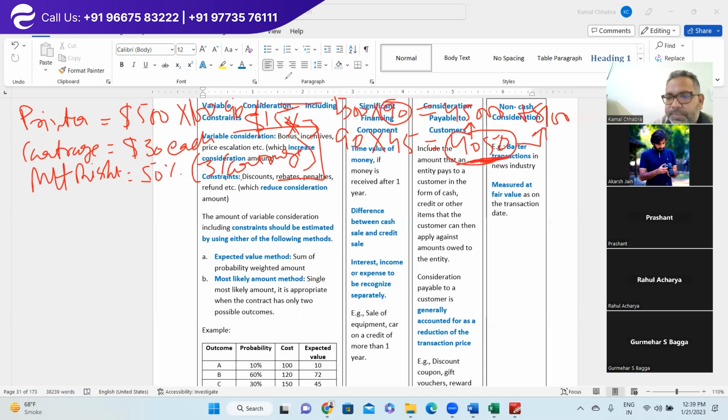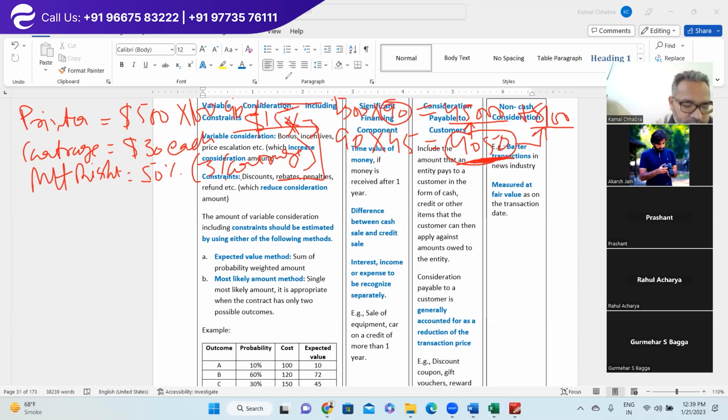Make sense? We are at step 3, identifying the transaction price. So 45,000 is the sales value of the printers, 8100 is the sales value of the cartridges, and the discount is 4050. So total money you will be receiving from the customer is how much?